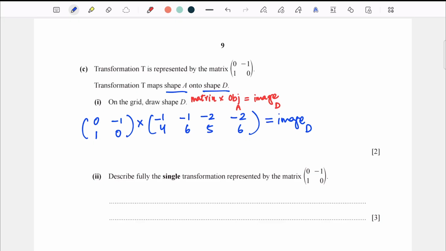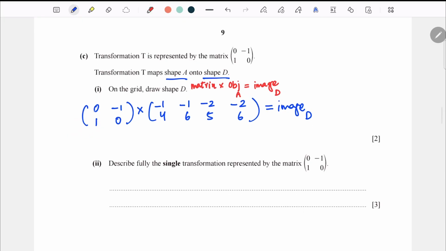To multiply two matrices with each other, we'll basically multiply the rows with the columns, and we'll repeat this. Each row will be multiplied by the column. First, we'll do the upper row, and then the bottom row. So 0 multiplied by -1 is 0, and then -1 multiplied by 4 is -4.